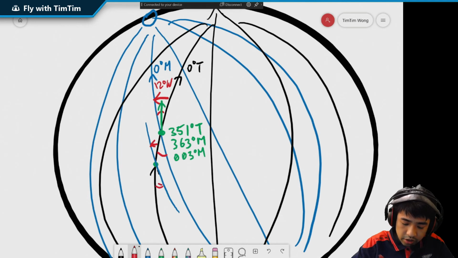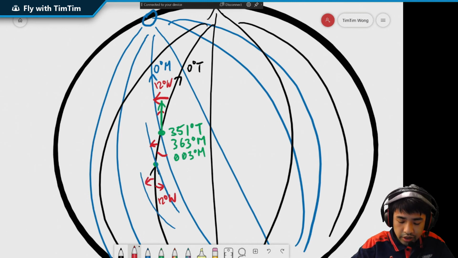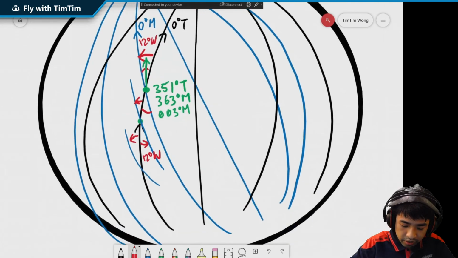If you look at the opposite side, you need to remember that it is not going to the east because we say from north to west. So when we say it's 12 degrees west, we mean from north to west. You can draw from south to east, but the variation is called 12 degrees west, not 12 degrees east.